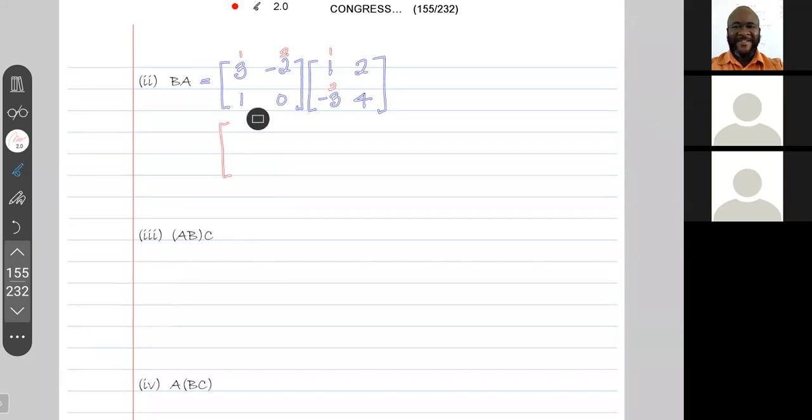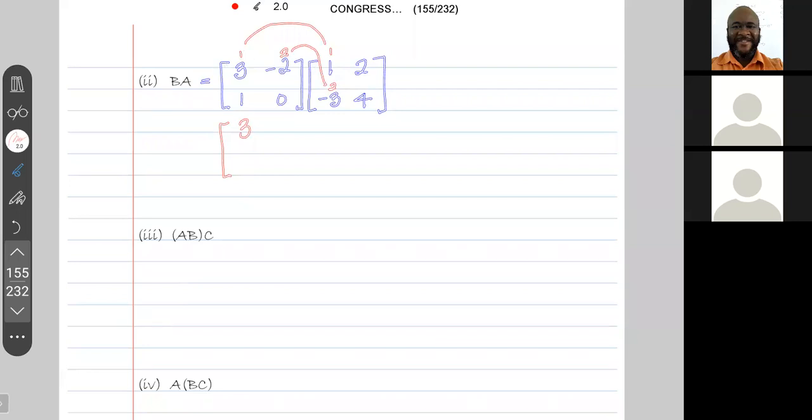So it's going to be the first element in the row times the first element in the column. So 3 times 1 is 3. And then the second element in the row times the second element in the column.